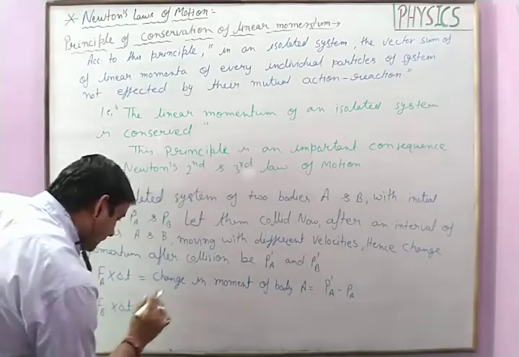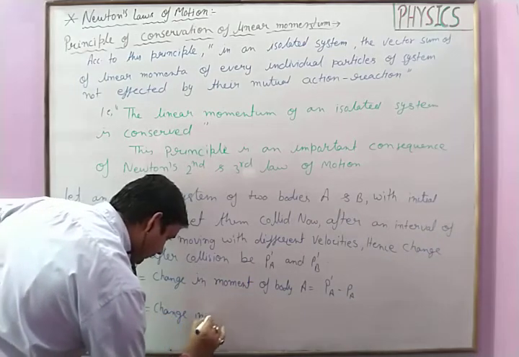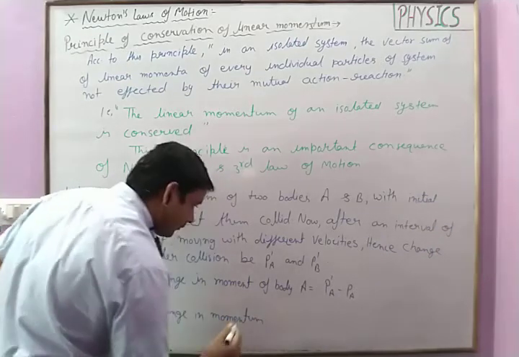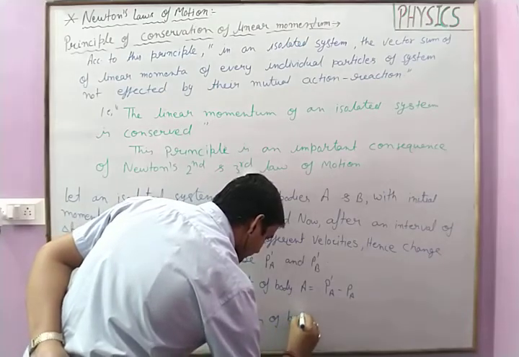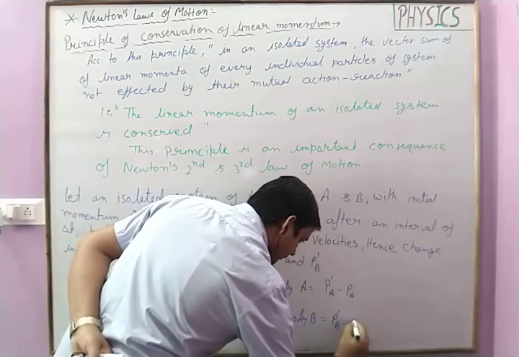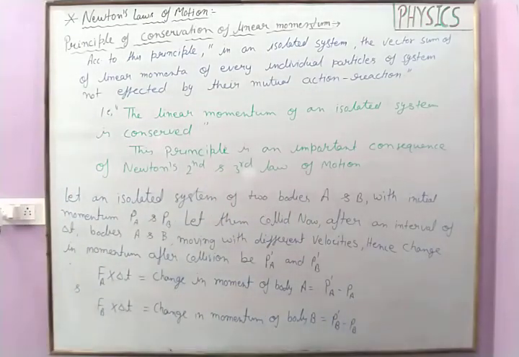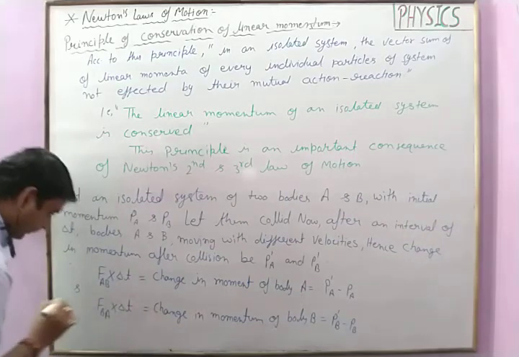Then the change in momentum of body B is P dash B minus PB. This we have two situations, and we can also write PAB and PBA. Clear?